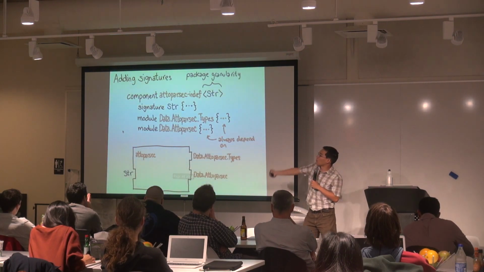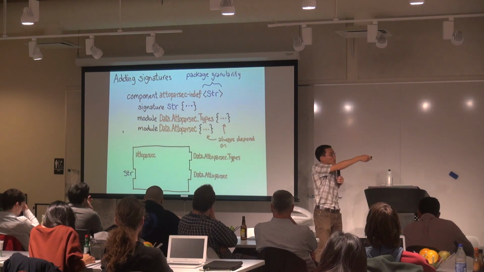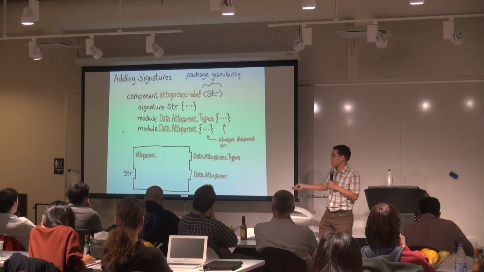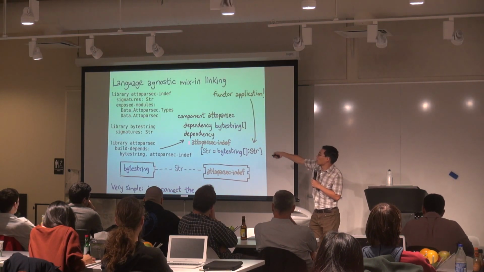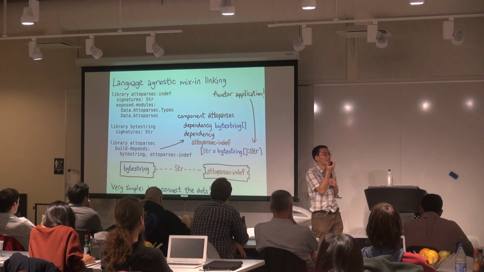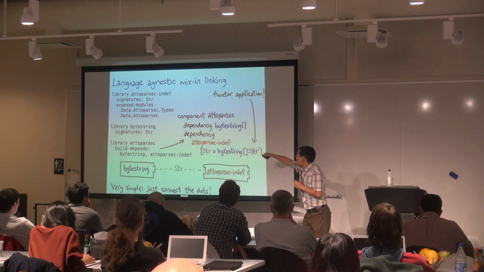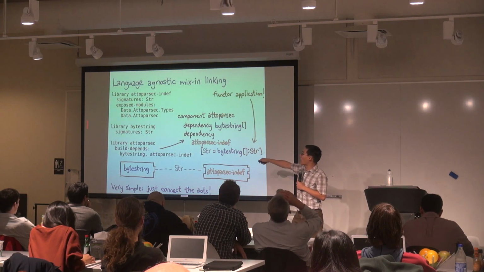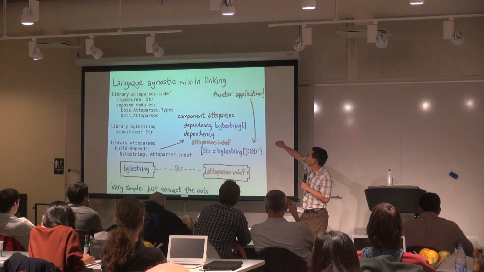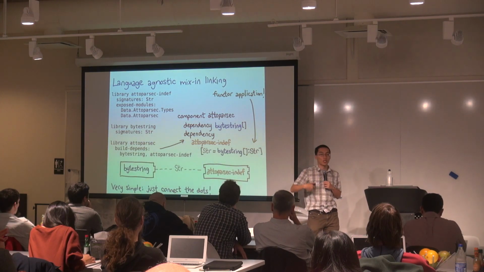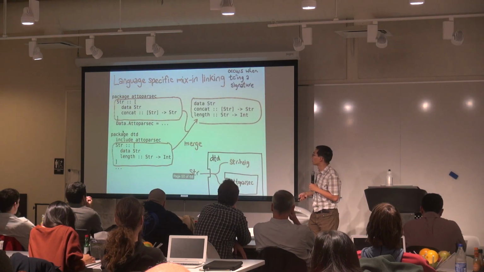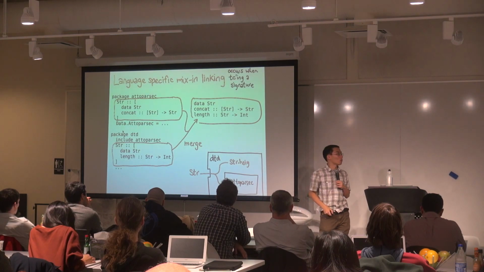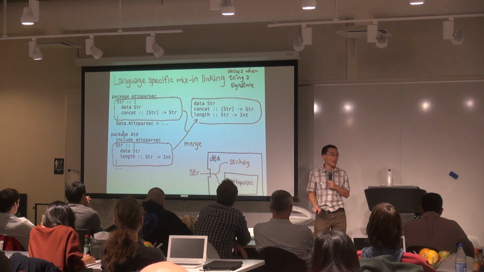So if we want to extend it for Backpack, we just need to extend this language to also support signatures, and to support these explicitly instantiated packages, which we translate from this implicit language into this explicit language in the package manager. Other types of merging get handled by the compiler.